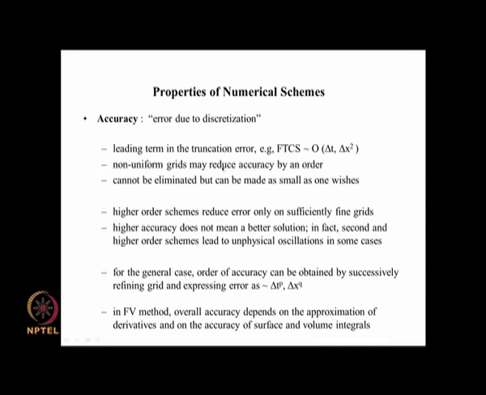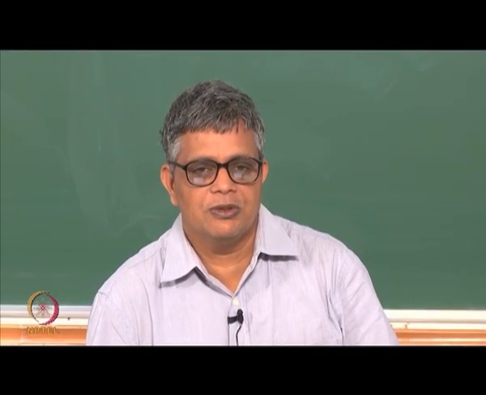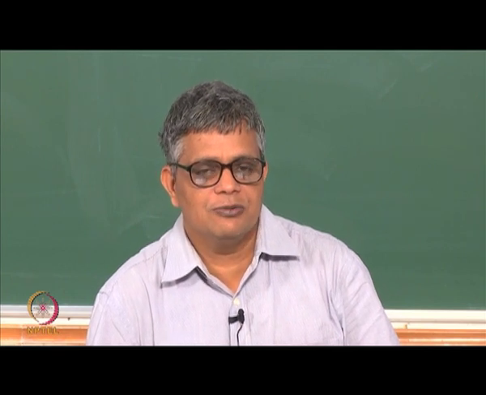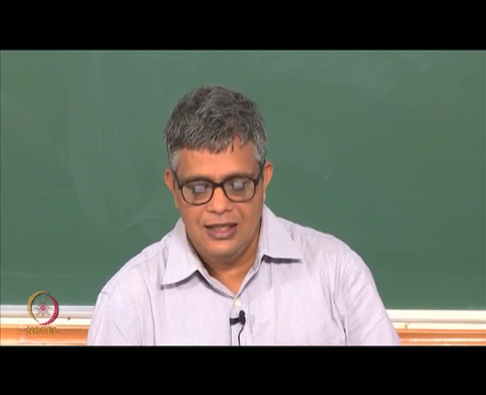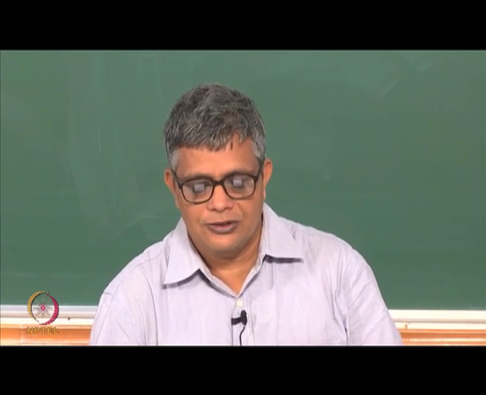We also noticed earlier that non-uniform grids may reduce accuracy by an order of magnitude because of the way we compute the error in terms of delta x i and delta x i minus 1. Sometimes it is the difference between the two that comes into the picture, and when the difference is large, then we effectively lose an order of magnitude.